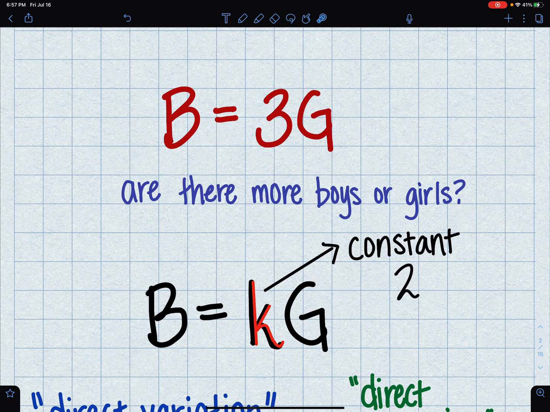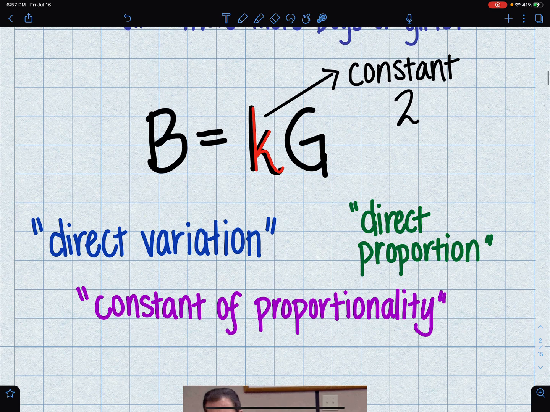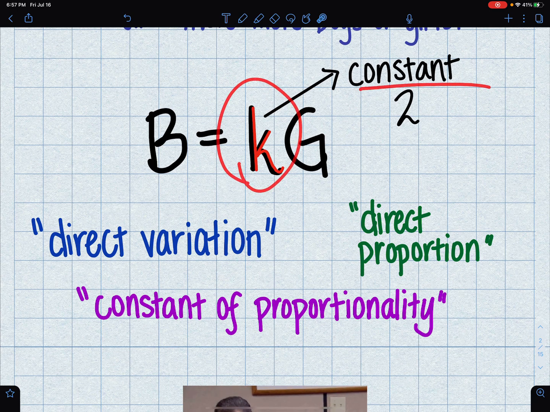So if there's 10 girls, let's put in the number 10 here, the number of boys is going to be 30. That's a lot, okay? So be sure you can answer this question: are there more boys or girls? The relationship between the number of boys and the number of girls is designated by K, which is the constant.